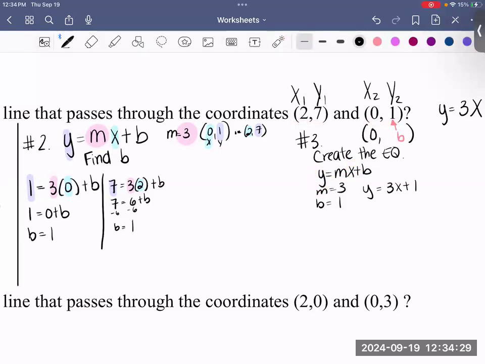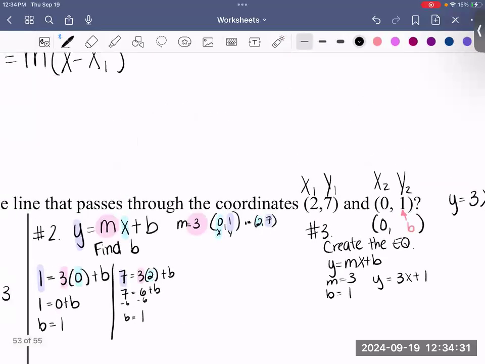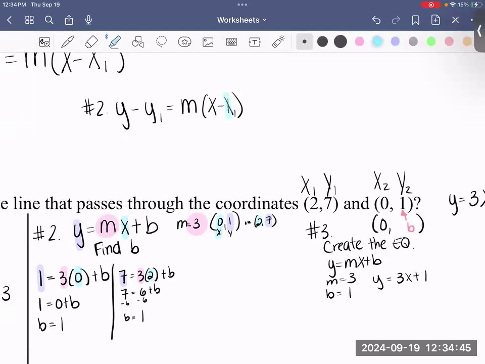Now, if you prefer an alternate one for step 2, you can use y minus y1 is equal to m times x minus x1. We're just going to pick whichever point. You can pick your x value and y value and plug them in, and we have your m.